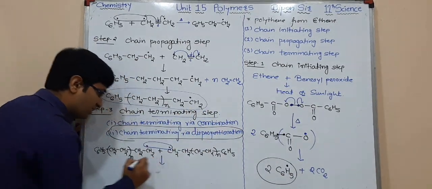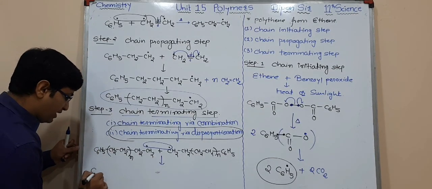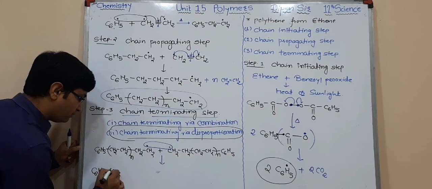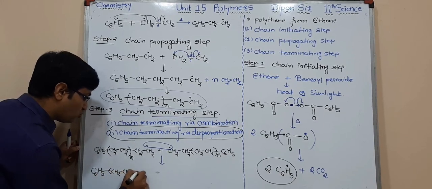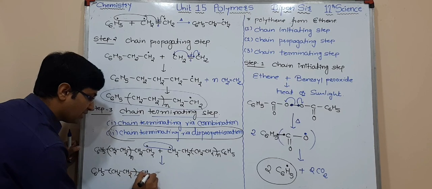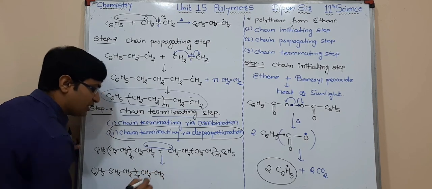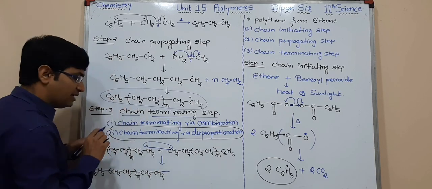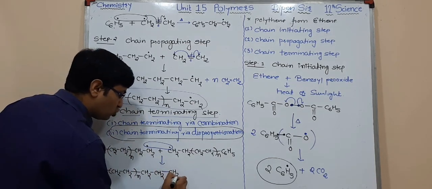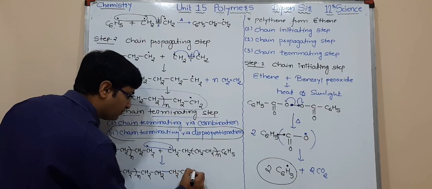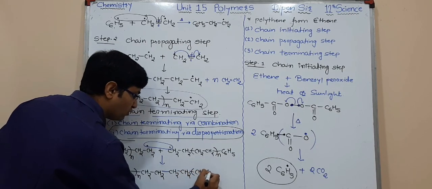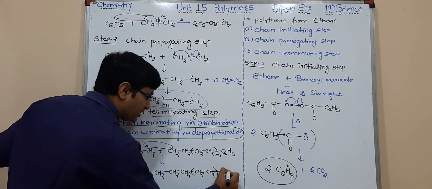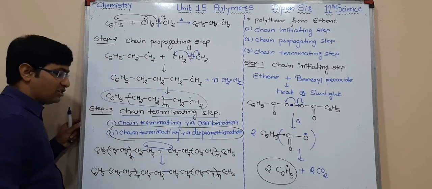So we can predict here that the product will be C6H5 CH2 CH2 n times CH2 CH2. The new bond is formed via the combination, then CH2 CH2 CH2 CH2 n times and at the terminating point C6H5.